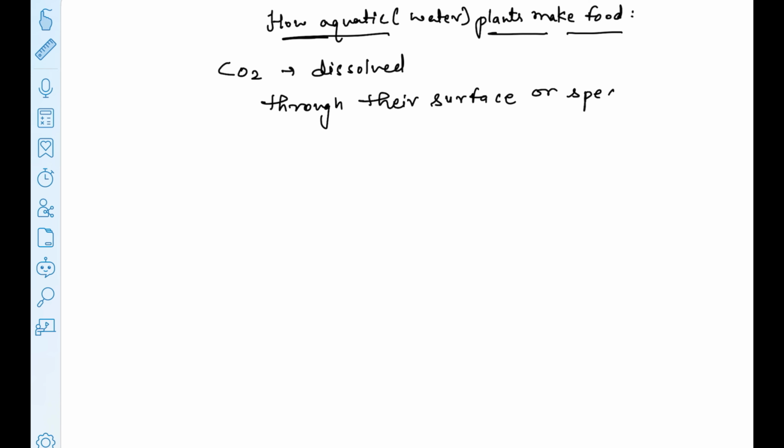Okay, or specialized pores through the process of osmosis. And they are always surrounded by water, so they do not face any shortage of water for photosynthesis. And just like land plants, aquatic plants have chlorophyll.